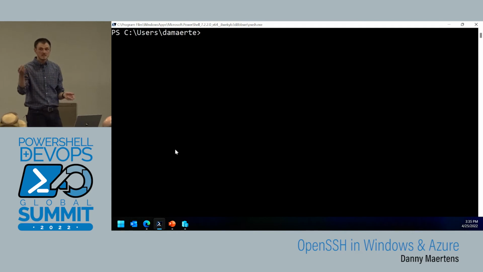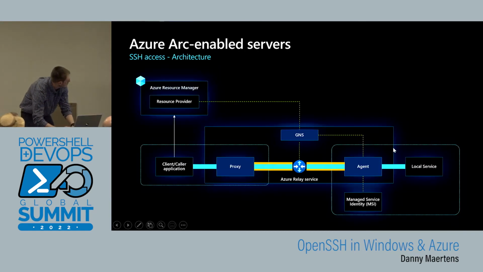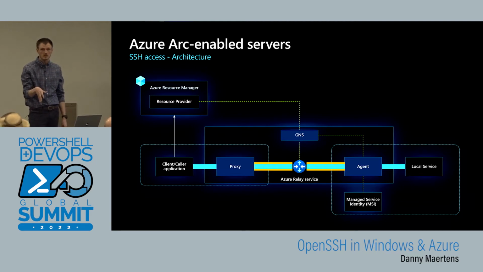Sure. So they can still be protected by a firewall. I'll flip back to that slide. These machines can all still be behind a firewall. The communication out of this agent is only outbound traffic. There's no inbound traffic at all to that machine.